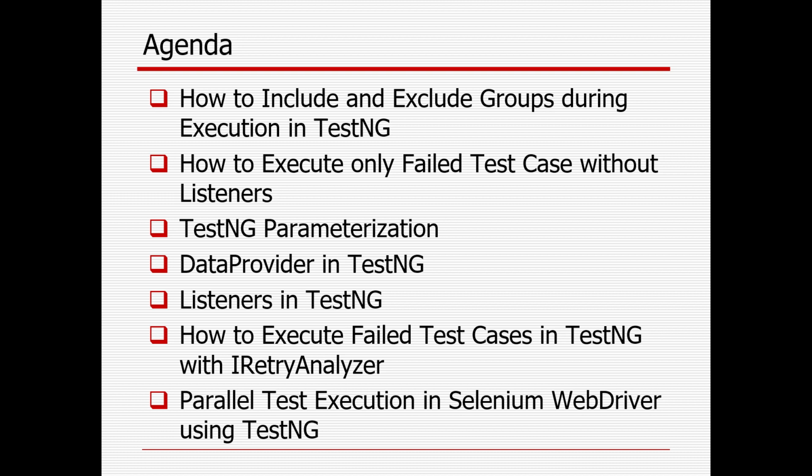After that, in case you have multiple classes from multiple packages, it is not possible to execute them together, because when you try to execute a TestNG class, you get the option called TestNG Test. But you can convert the Java project to a TestNG project. After that, the testng.xml file will be created, and with the help of the file you can associate multiple classes under the classes tag.